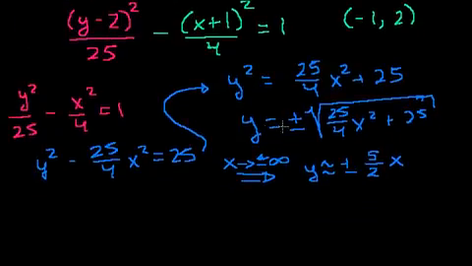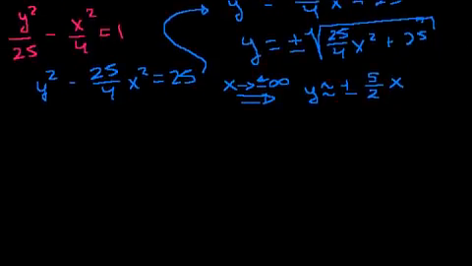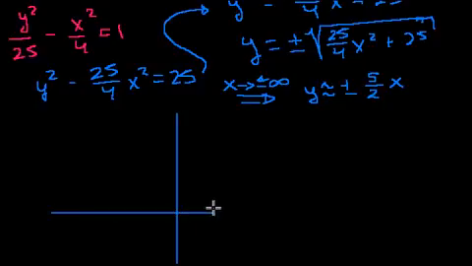And then we could figure out if it's an upward opening or a downward opening graph. Okay, we're centered at negative 1, 2. So this is my y-axis, this is my x-axis, and we're centered at minus 1, 2.